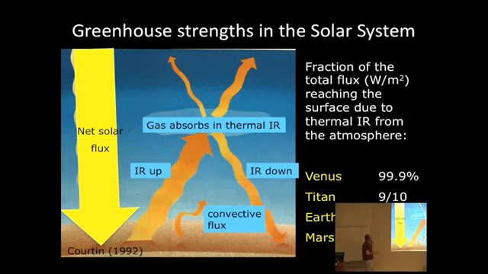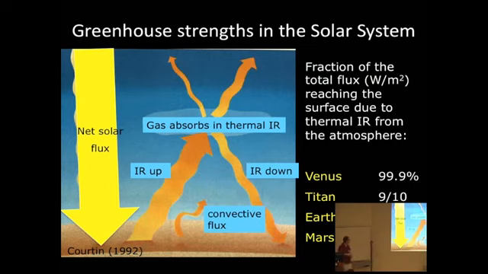If you look at that fraction, and I've ranked them, on Venus, it receives such a small amount of solar flux that the infrared downward flux dominates that heating virtually completely. On Titan, it's about 9/10, Earth about 2/3, and Mars about 1/3. So this is one way of thinking about the relative magnitude of the greenhouse effects on these various bodies.